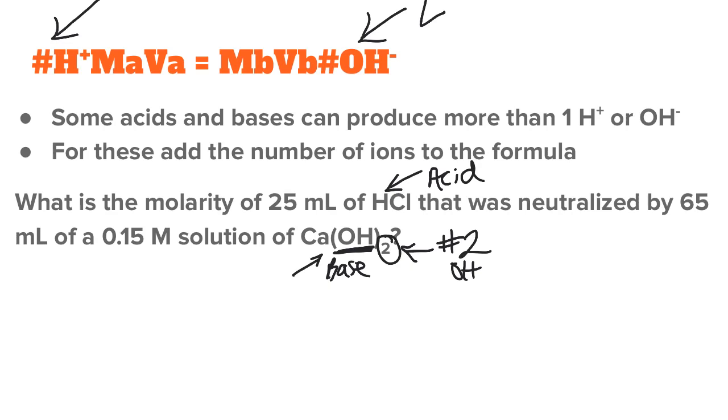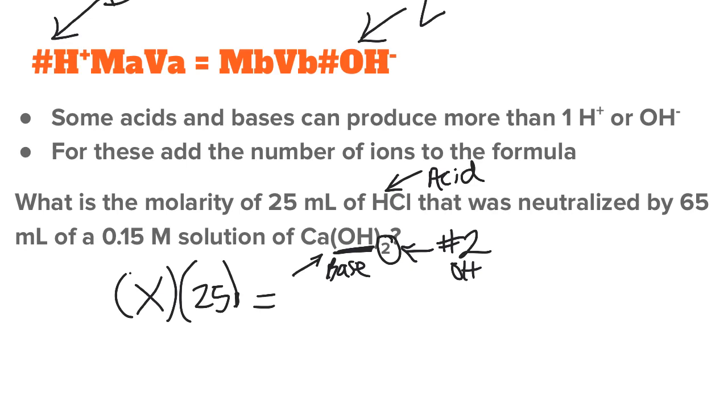So we're going to go ahead and put our numbers in again, just like we did before. It's asking for the molarity of the HCl. We don't have the molarity of the acid, so the molarity of the acid is going to be X. Notice that the number of hydrogen would just be 1, so you can put that in if you want, or I'm just going to leave it out. Then we have 25 milliliters of it.